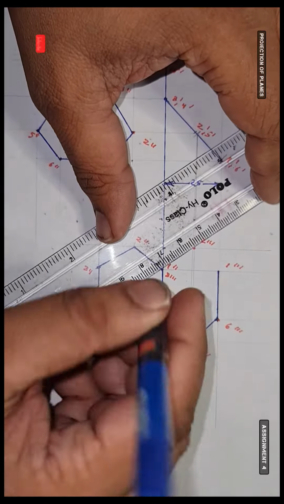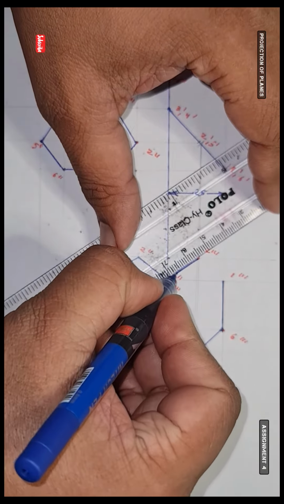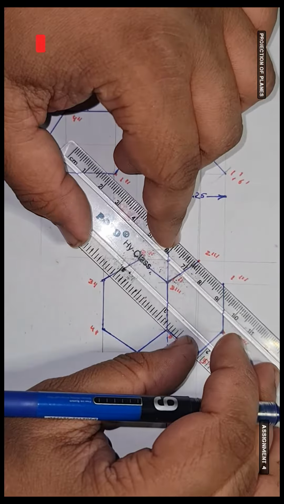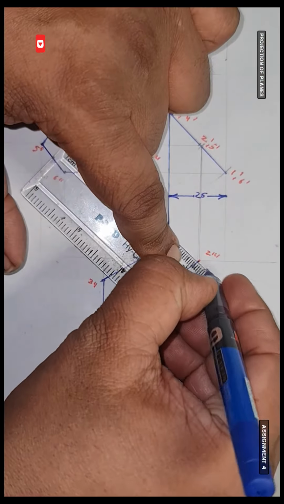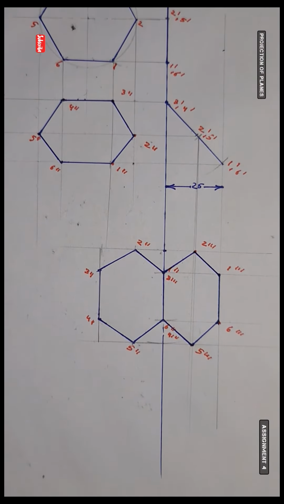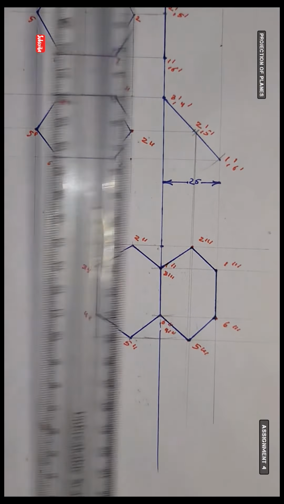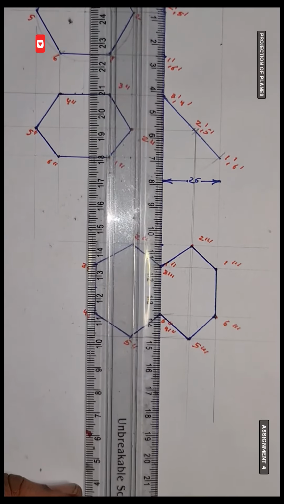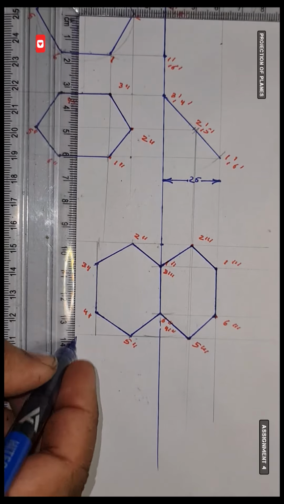So this is a connected front view and top view, connected with each other. This is your final answer, and you can write your front and top.